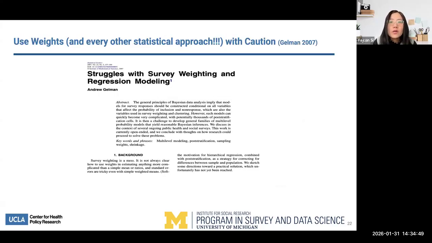So use weights with caution. Andrew Gelman has a paper in 2007 that starts with the first sentence, survey weighting is a mess. So it has caused a lot of concerns and arguments in the survey research field to make sure that we use weights with caution.